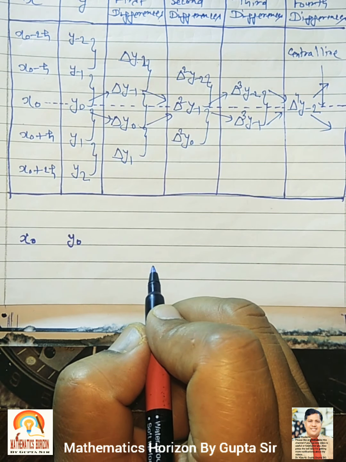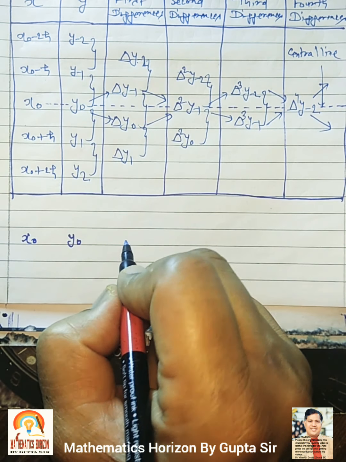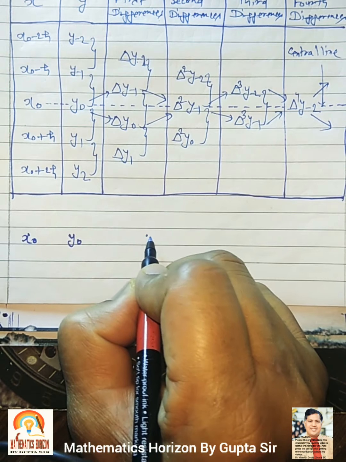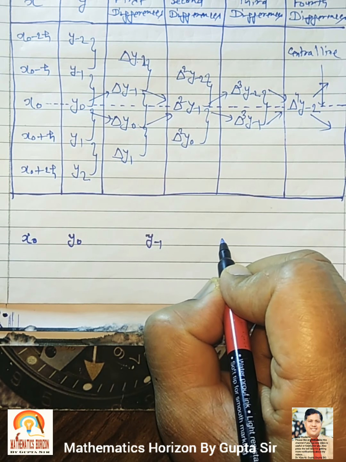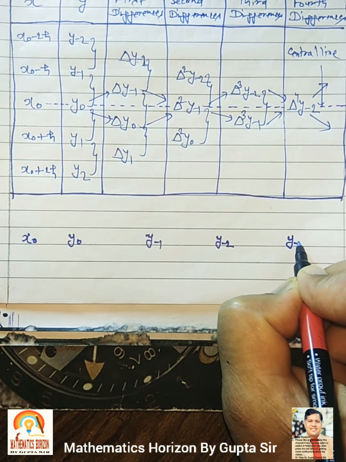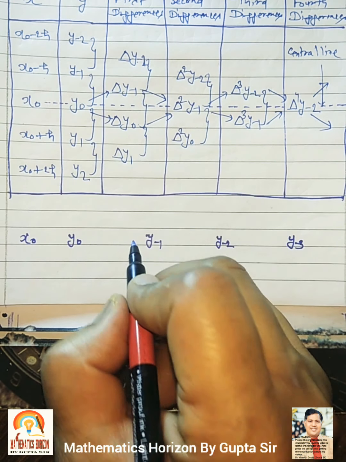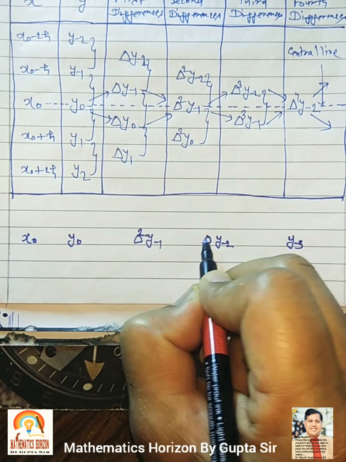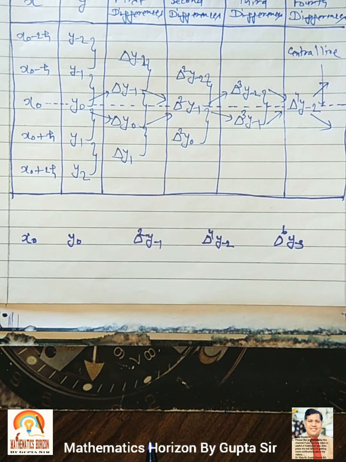Here we have y minus 1, here y minus 2, and here y minus 3. Here we write del square, here del 4, and here del 6.